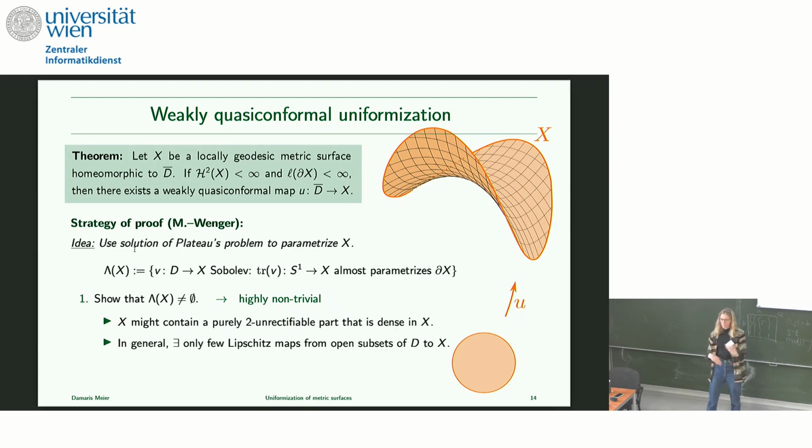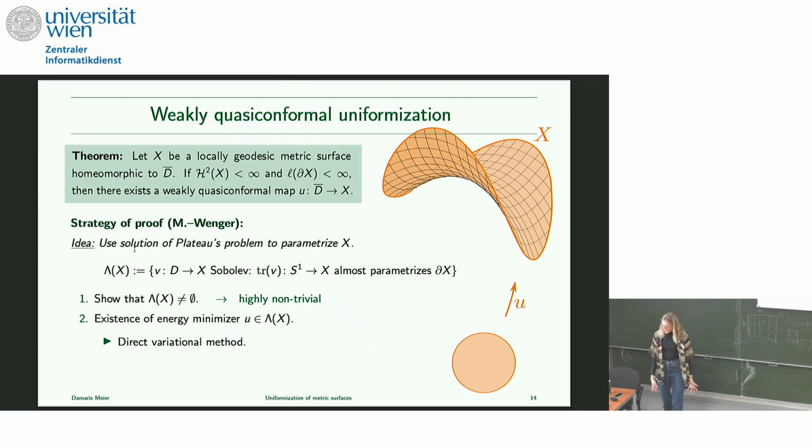Sobolev maps are somehow generalizations of Lipschitz maps, if you want to say so. So it's fairly non-trivial that such a Sobolev map even exists. A large part of our work is devoted to showing that we can actually find a Sobolev map from the disk to such a general metric surface.